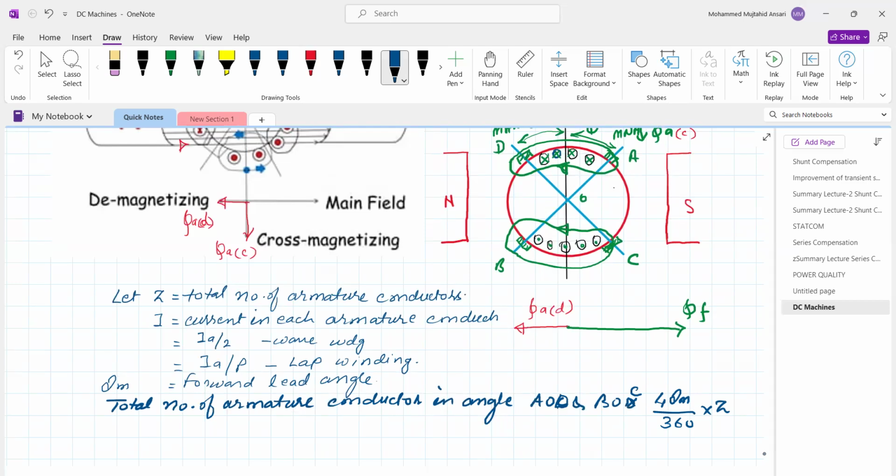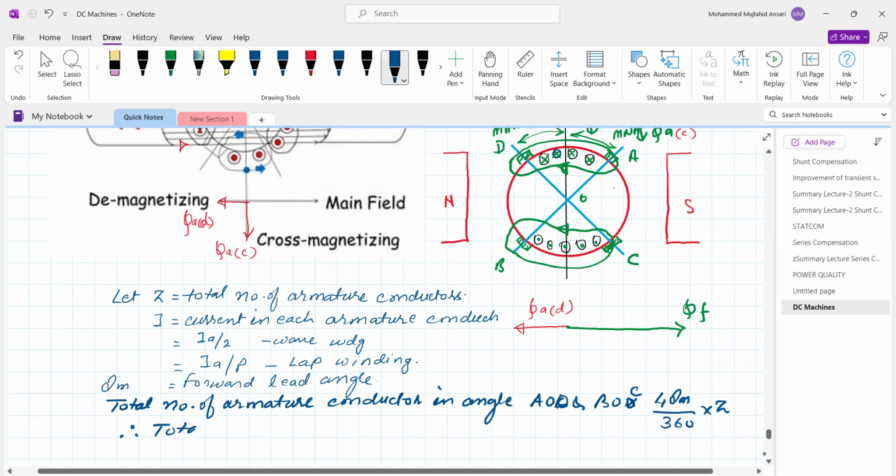So now, therefore, the total number of turns. Two conductors will make 1 turn in this angle, so it is the same thing, only divided by 2.